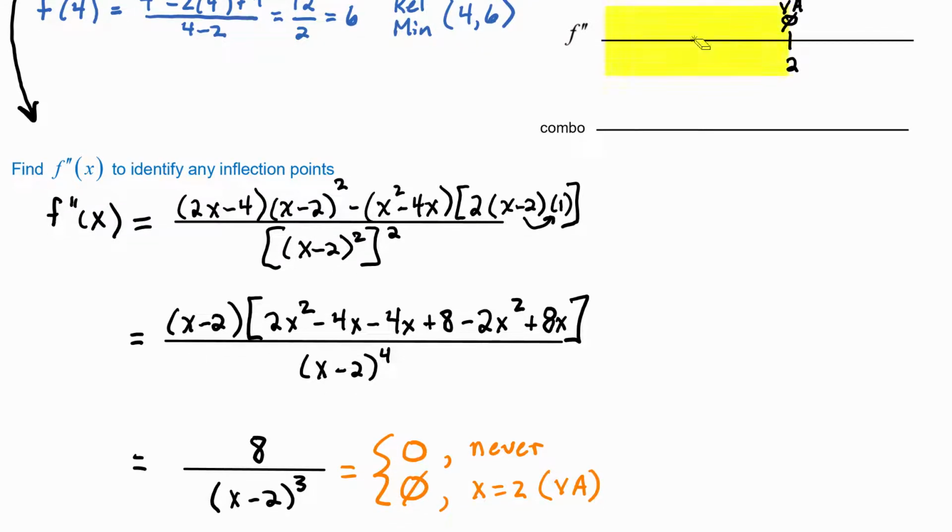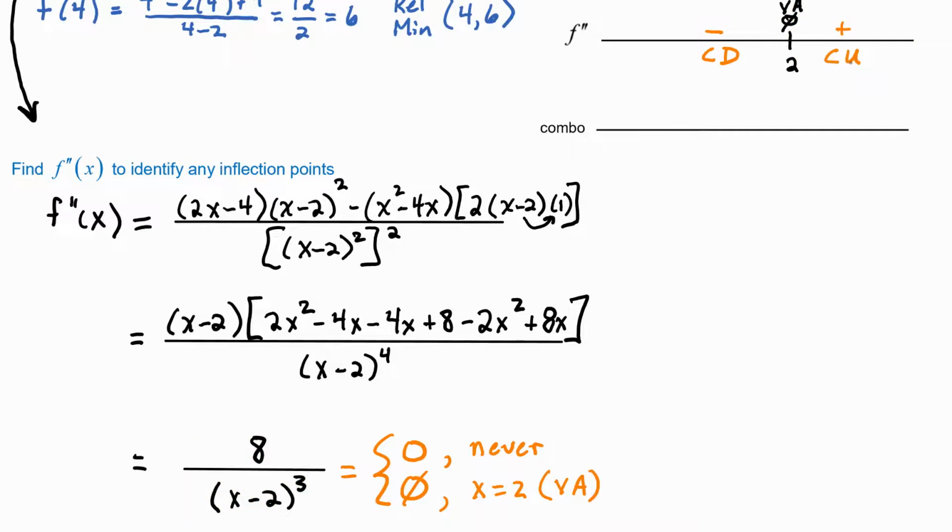We can plug in x equals 0 as a test point here. If we plug in x equals 0, then we have a negative 2 being cubed, which is negative. So that means the graph is concave down there. Over here, we can plug in x equals 3 as a test point. And if we plug in x equals 3, the second derivative will be positive, so the graph is concave up.